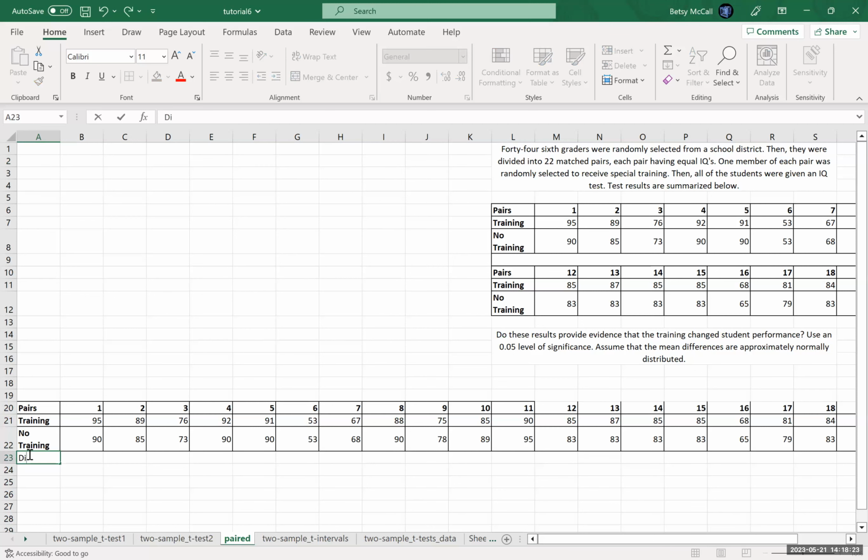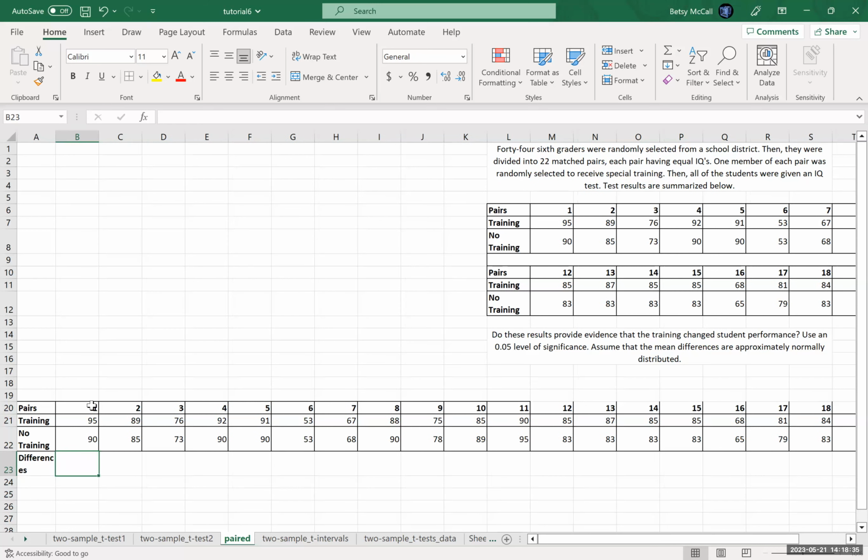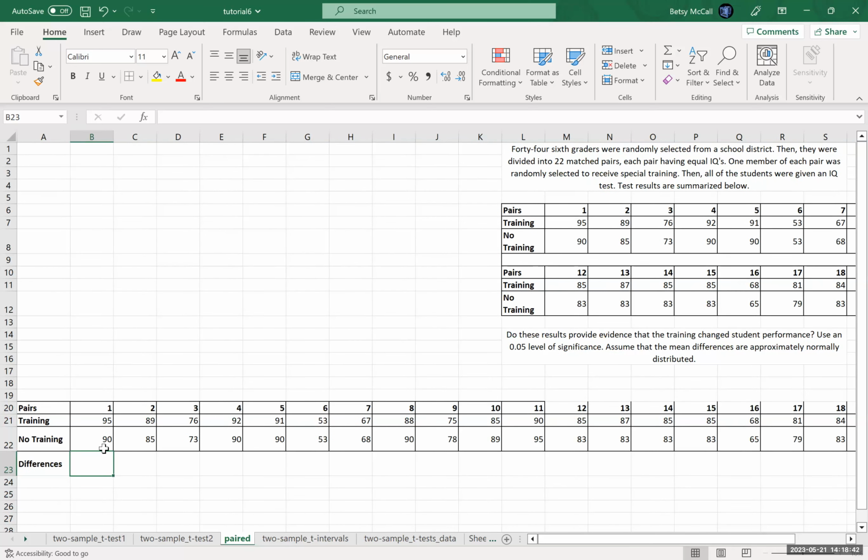Now, what we're going to calculate is the differences. I'll do this by hand, and then we'll show you the shortcuts. The differences are going to be the training value, the one that we think is going to be better, minus the no training.